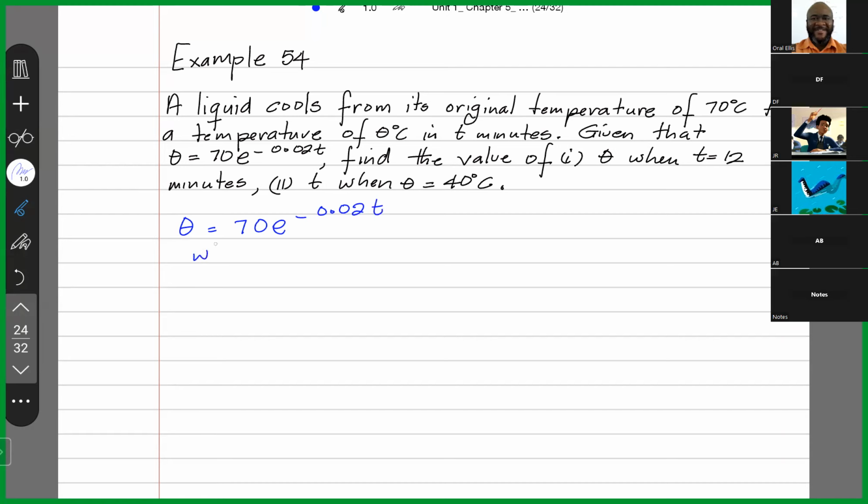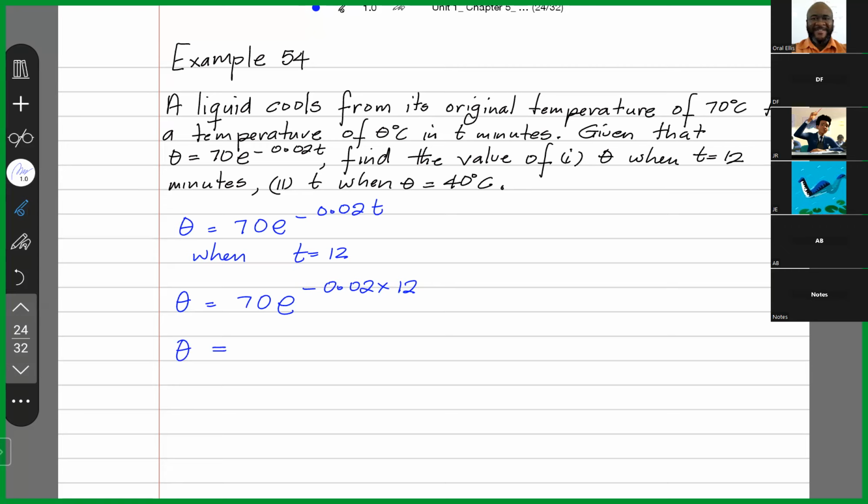So when t is equal to 12, theta would be 70 e to the minus 0.02 times 12. So you'd put that in the calculator and press equal.